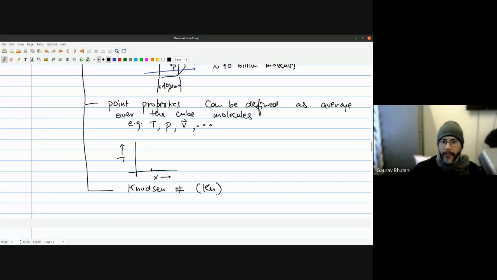So there is a non-dimensional number called the Knudsen number, denoted by Kn. This is written as lambda upon L, where lambda is called the mean free path and L is a characteristic length.